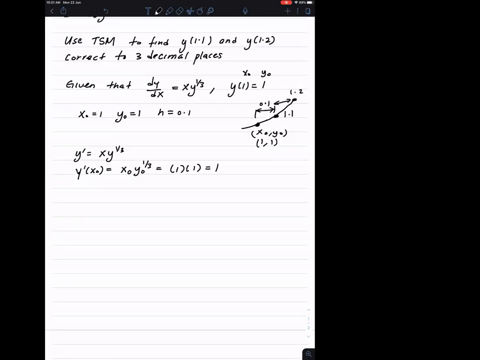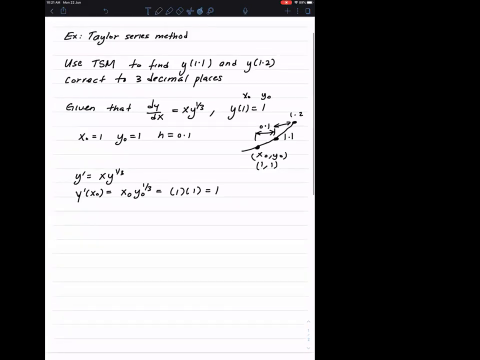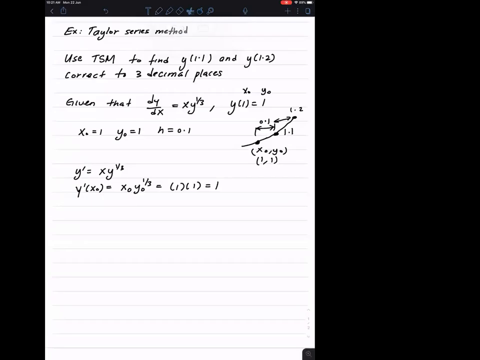Next, before I move on, look at this Taylor series formula. This Taylor series formula wants you to find the value correct to 3 decimal places. Another small piece of information is missing here. Let me include this here.